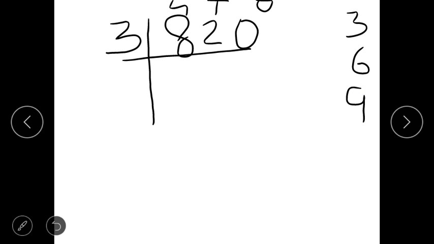And we came to know that 9 is more than 8, which is given in the hundred place. So 3 will go 2 times. Okay, that is 3 twos are 6. So 2 you have to write here.